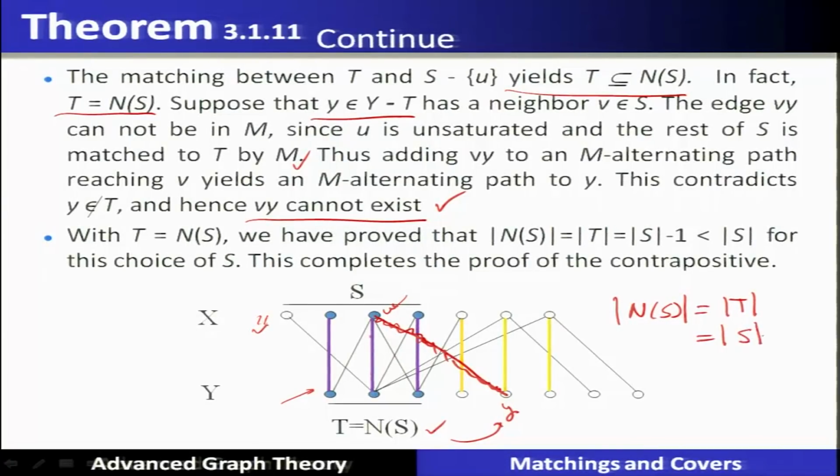So, it is S minus 1, and we can see that this is less than S. So, hence N(S) is less than S, and hence this will prove the contrapositive.